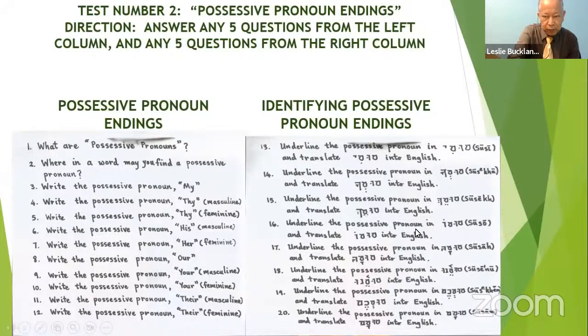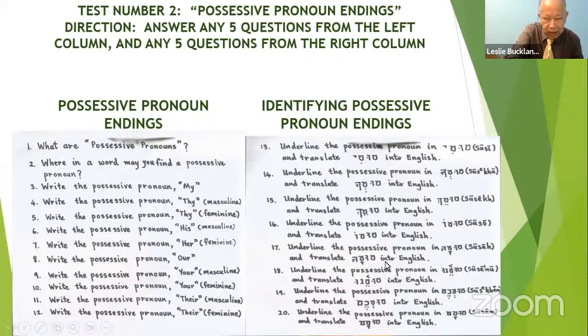Underline the possessive pronoun, this is number 16, in suso. Well, here it is, a holem. And translate suso into English, well, that would be his horse. 17, underline the possessive pronoun in susa. And this is it, kamets, a, with the mapik or dot in the middle of the letter.